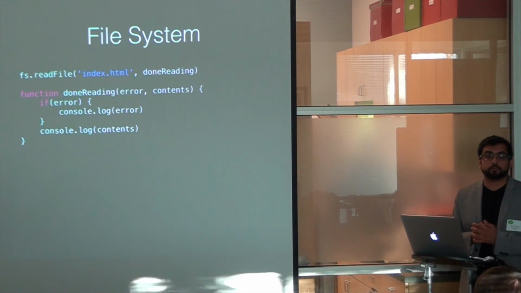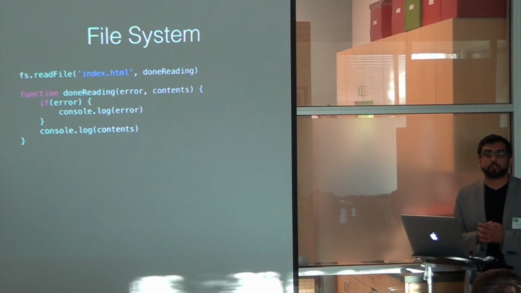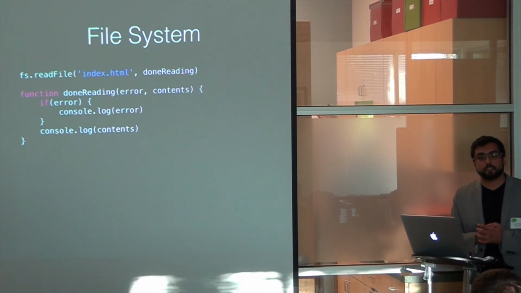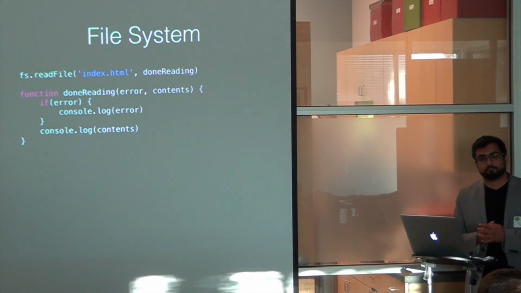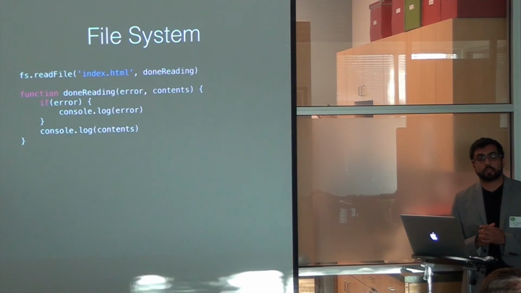A Node.js application is single-threaded. Does it mean only one core on a multi-core machine will be used? Yes, that's a downside of Node.js. That's why there was a fork, io.js, which takes advantage of it. So that means the other 7 cores won't be used? Yeah.